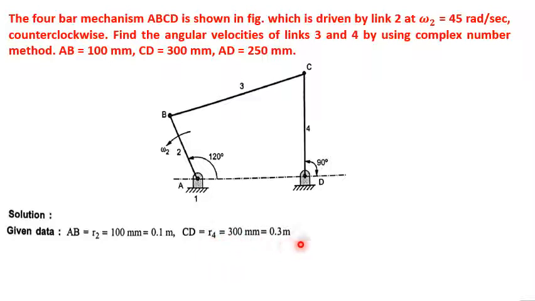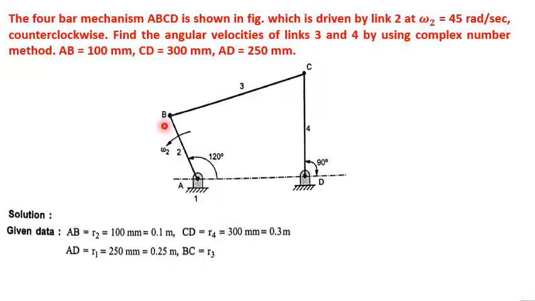R4 is 0.3 meter. The AD length, that is the fixed distance, is 250 mm. I will consider it as the first link, therefore the magnitude is R1. So R1 becomes 0.25 meter.